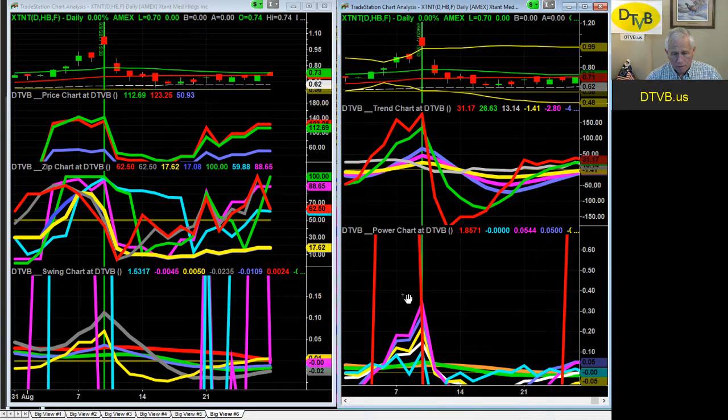gap up patterns or gap down patterns, we find that the power 4, pink, blue, white, and yellow, and Zion, so that's the power 5, are all above power orange line. And that's real typical for a gap down.